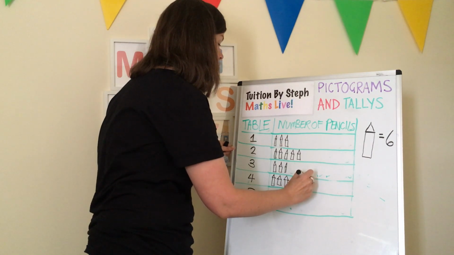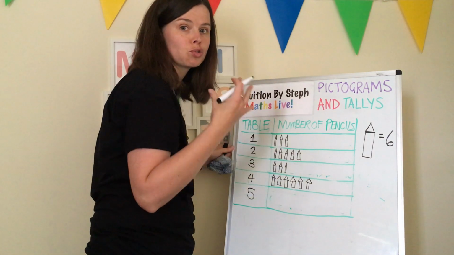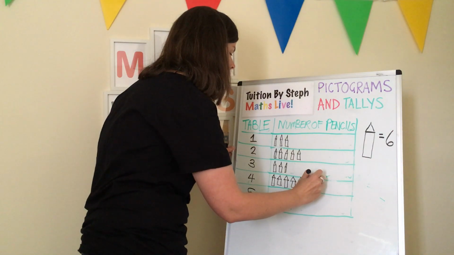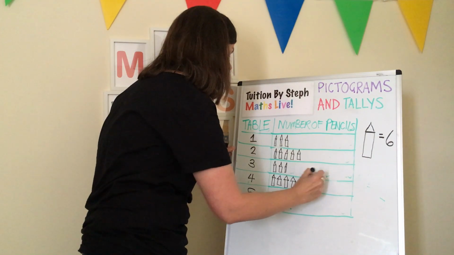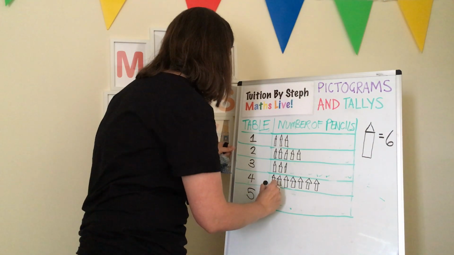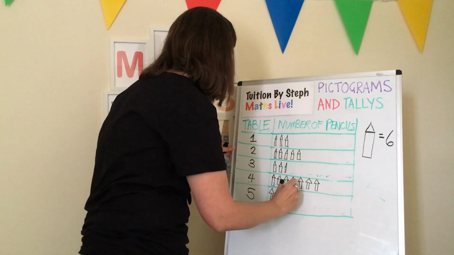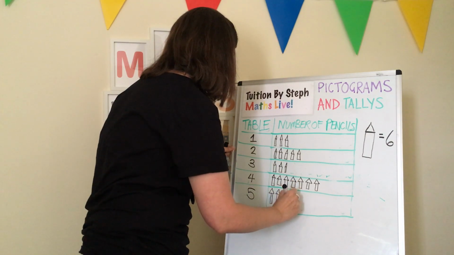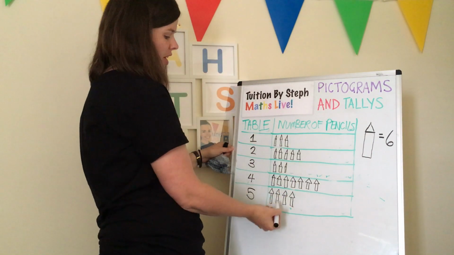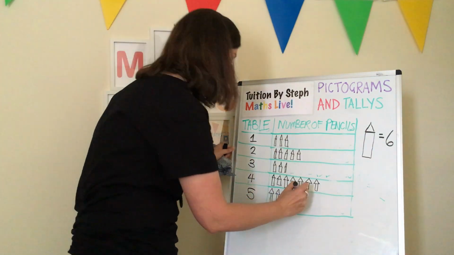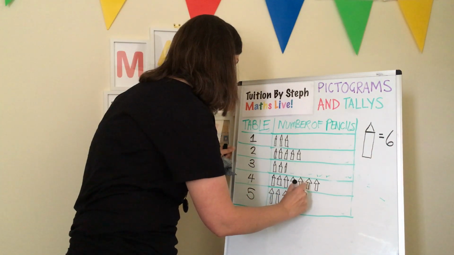And if you're ever asked to do a pictogram, try and make it as neat as possible. And the last one. These are looking more like houses than a pencil. I don't know why they've turned from a pencil into a sort of a mushroom.